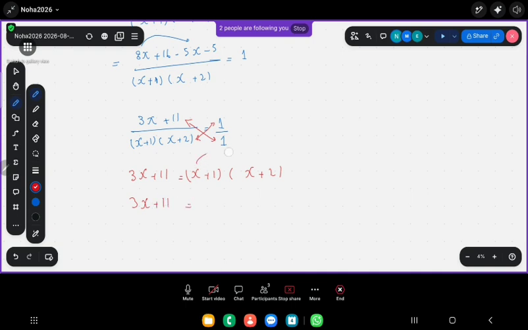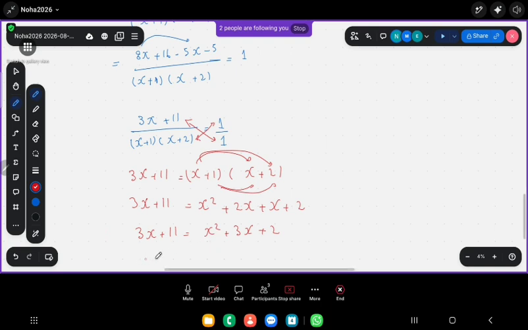Here is 3x plus 11. And here you take this x and multiply it by the whole bracket, so it's x squared plus 2x. And then take this 1 multiplied by the whole bracket, it's plus x plus 2. So 3x plus 11 equals x squared plus 3x plus 2. Very good. Now you have to put all the terms on one side and the other side will be 0.